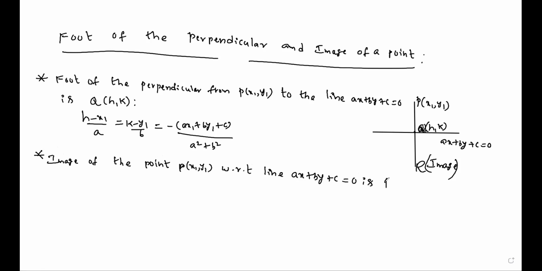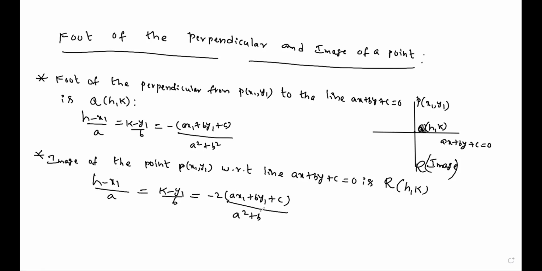For easy purpose I'll take R also as (h comma k), but here R is nothing but the image. Okay, now we have a shortcut formula for this also. (h minus x1) by a is equal to (k minus y1) by b is equal to minus 2 times (ax1 plus by1 plus c) divided by (a square plus b square).